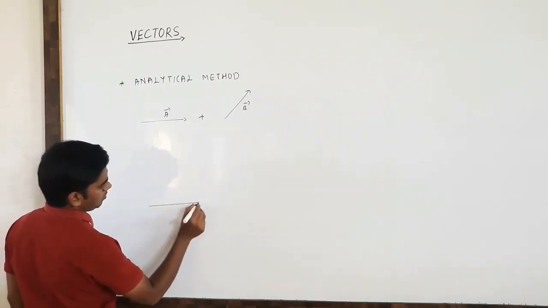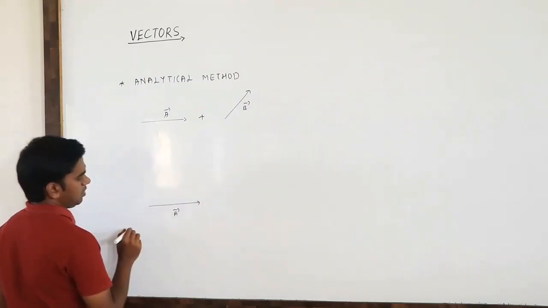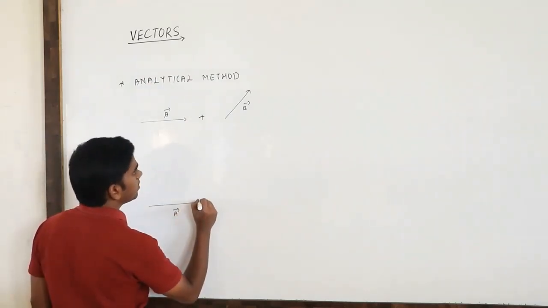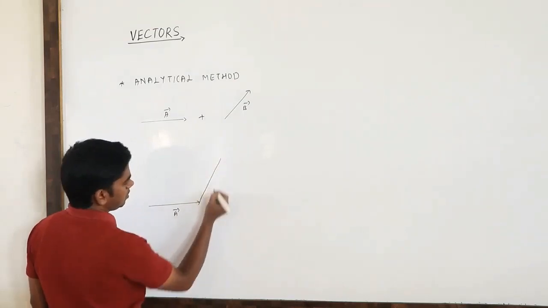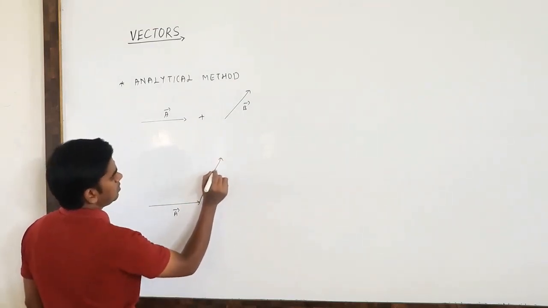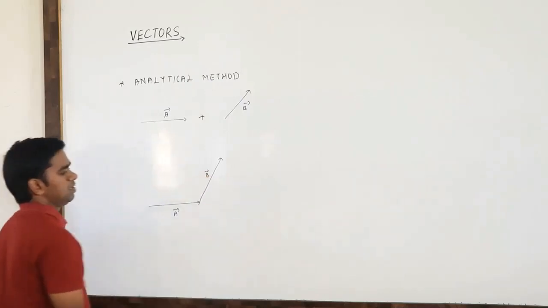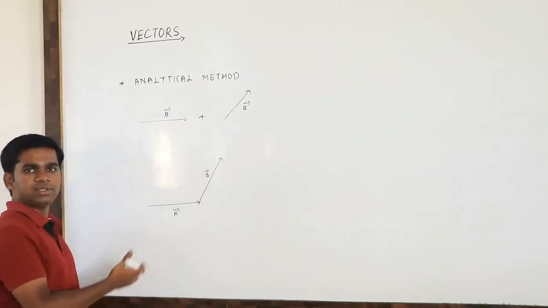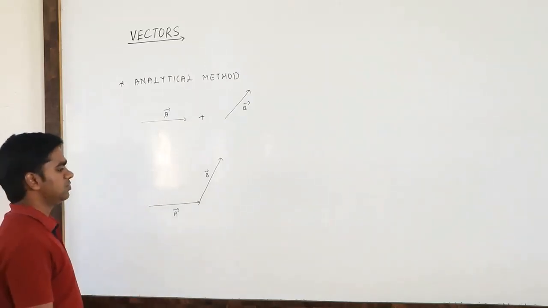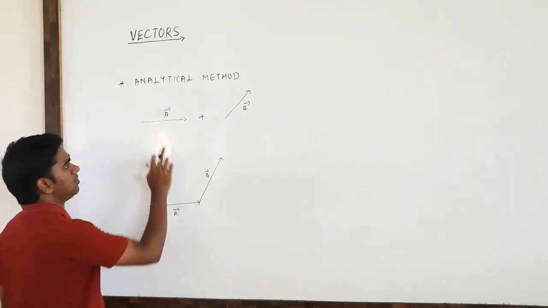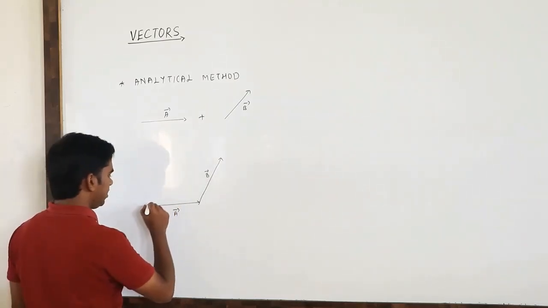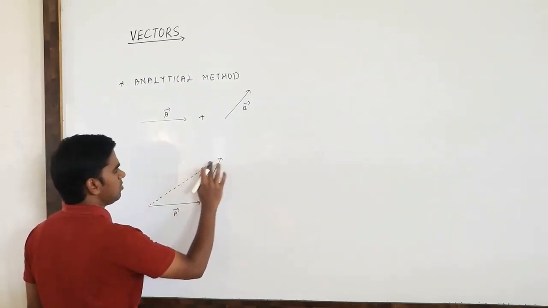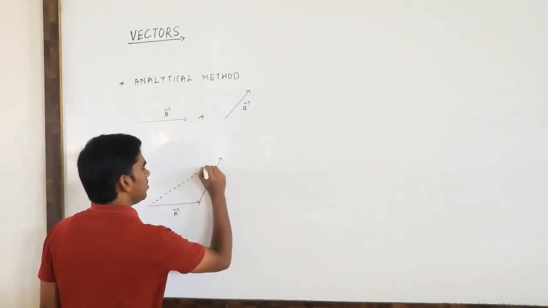Now vector b will be here in this direction. Now you want a plus b. If you join it, that is okay, but if the magnitude is very high, then this method of joining will not work. Obviously the resultant will come here only, so that is not a problem.